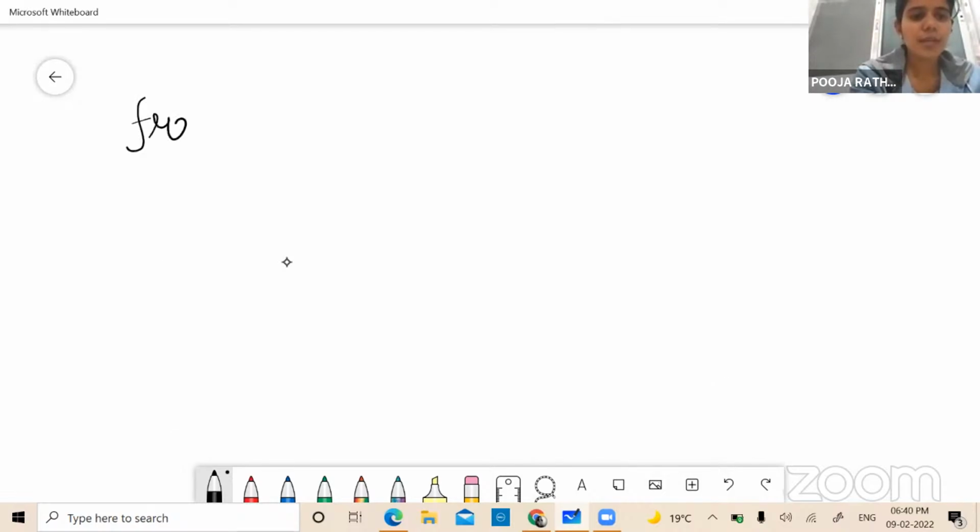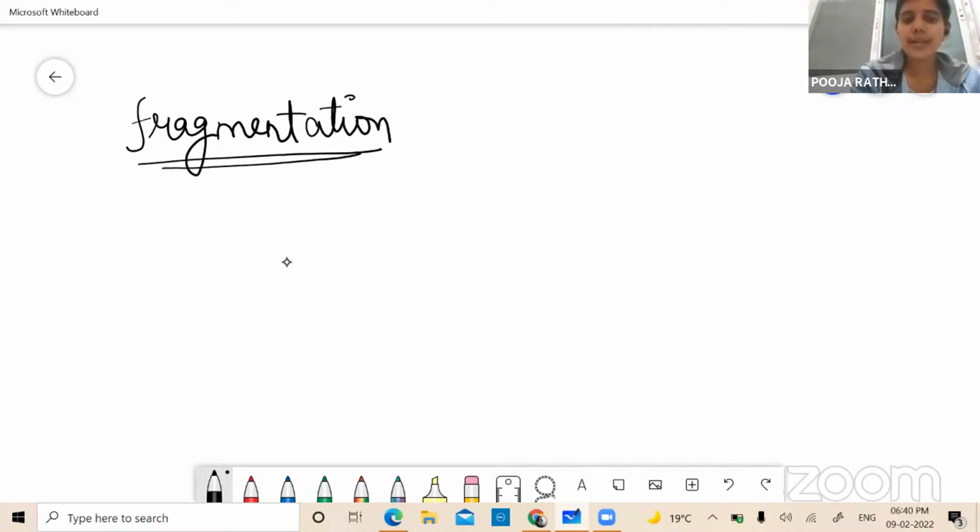What is fragmentation? It is quite clear from the name itself that in fragmentation, fragments are created. Fragments are different parts.